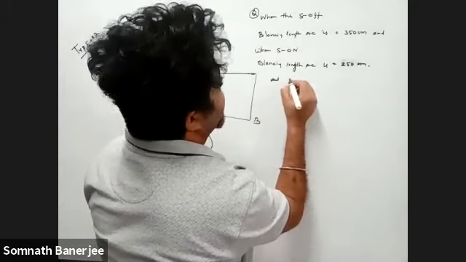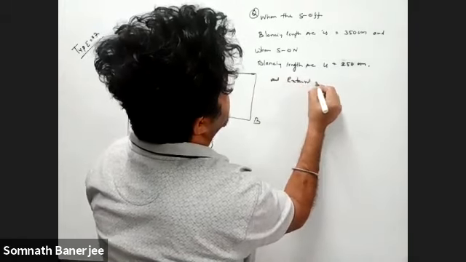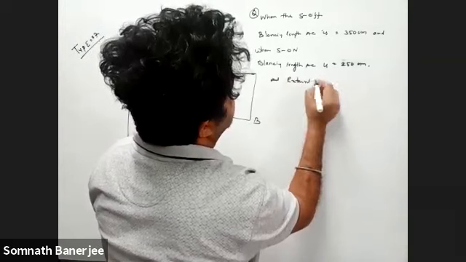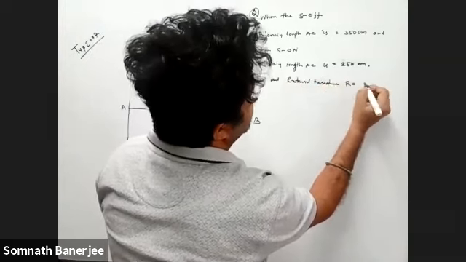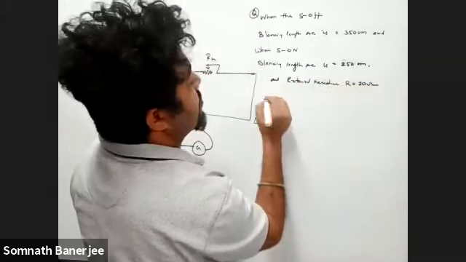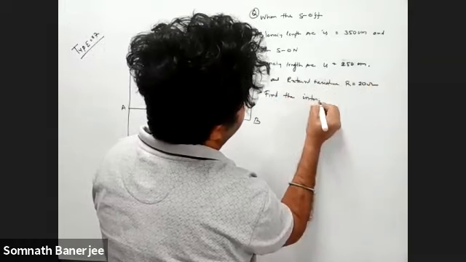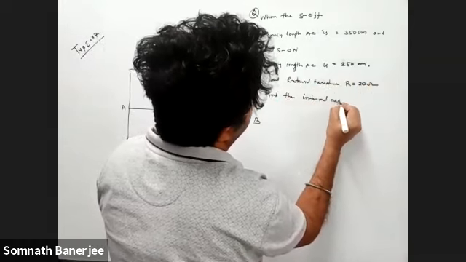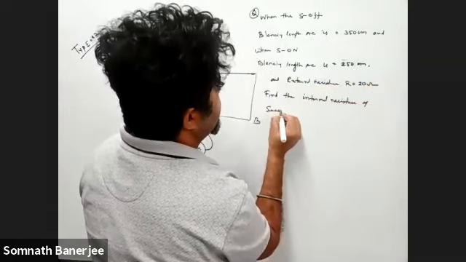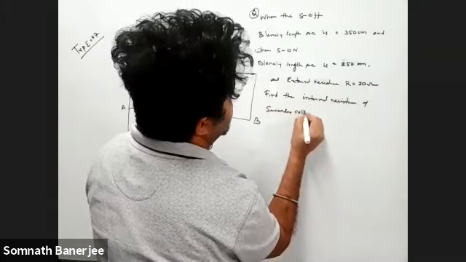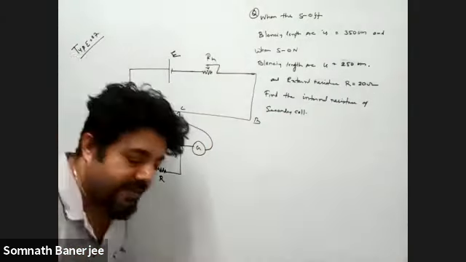And the external resistance capital R is suppose 20 ohm. The question is to find the internal resistance of the secondary cell.